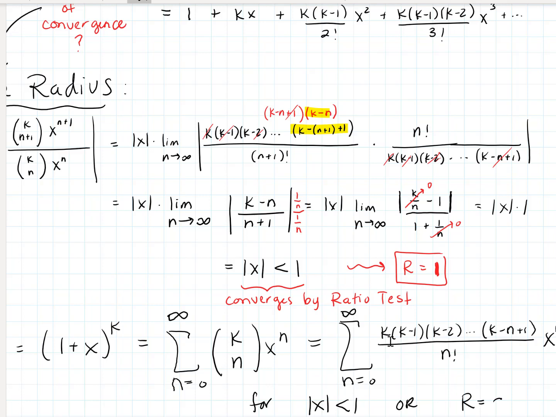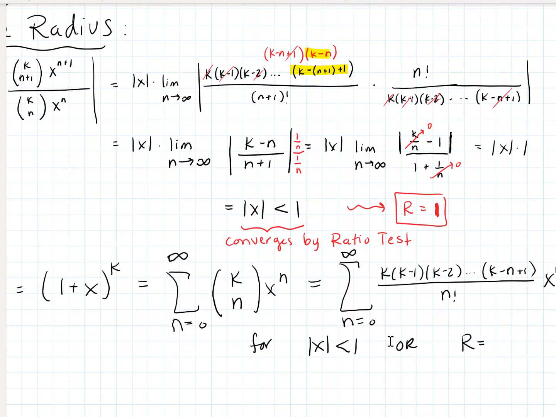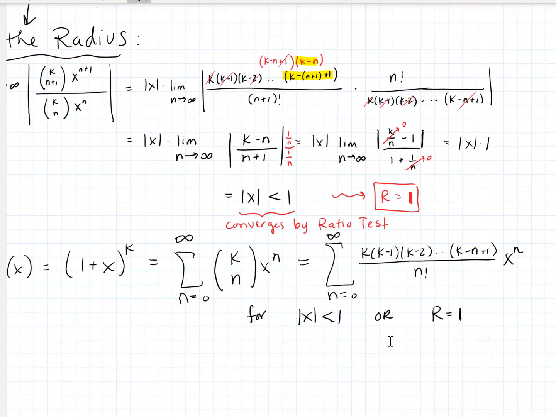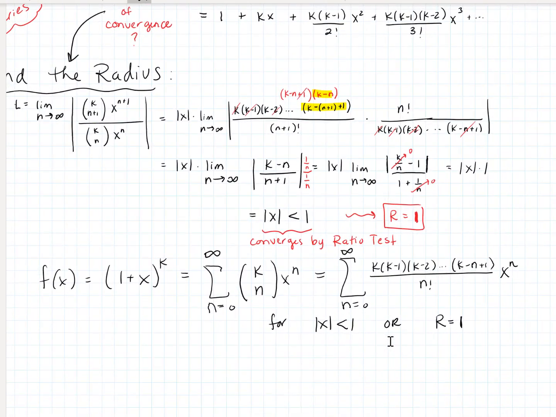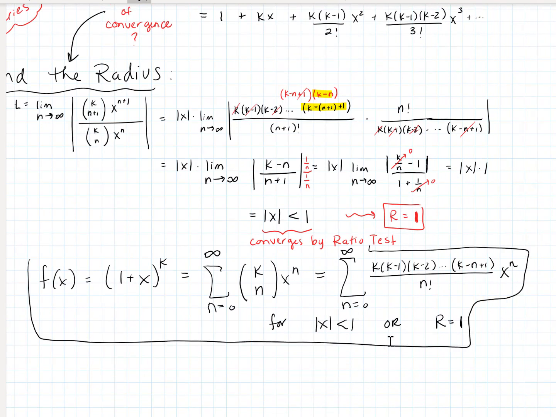Get that up on the screen. And that is our binomial series. And in its expanded form, a couple terms in its expanded form right up there as well.